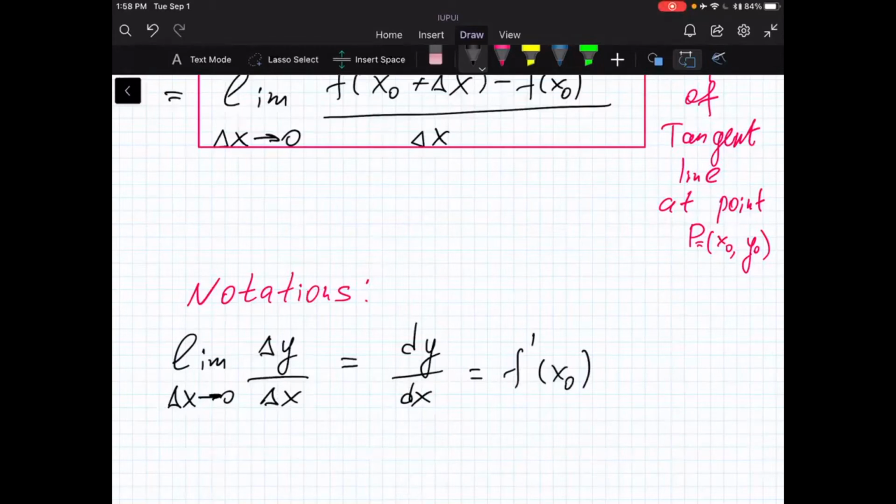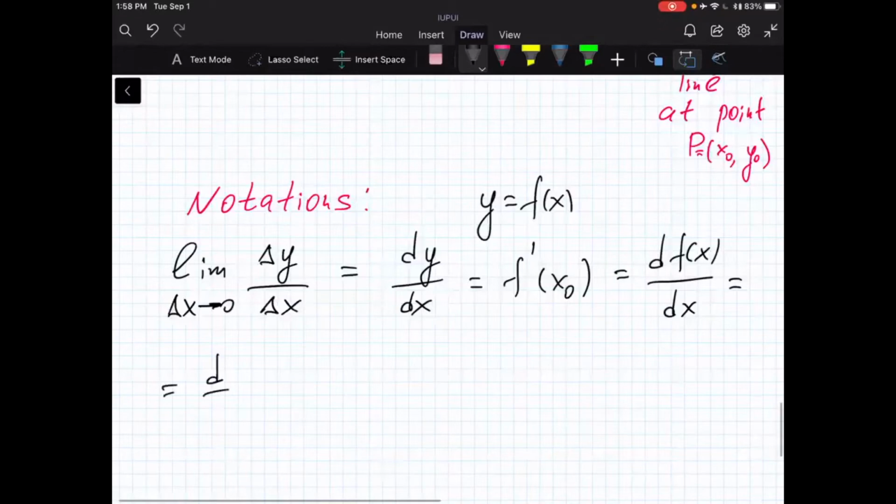Sometimes it's also denoted by d f of x divided by dx if we have that y is f of x. Or you can see notations like d over dx applied to f of x, or capital D sub x of f of x.